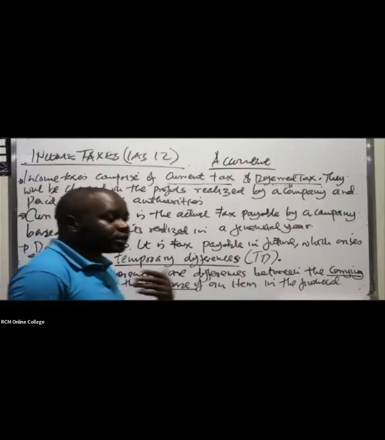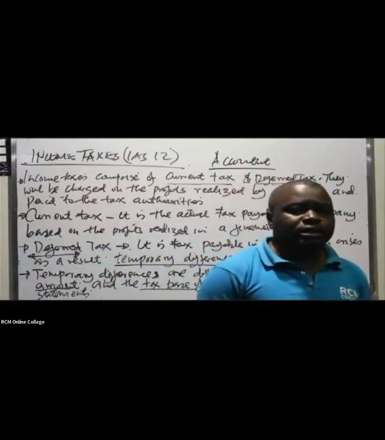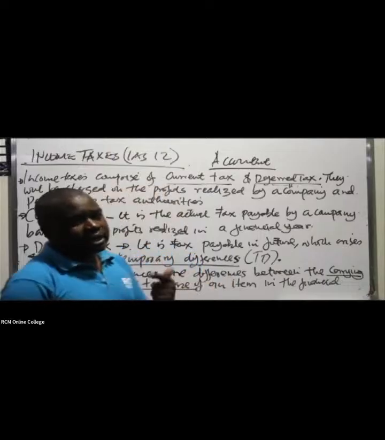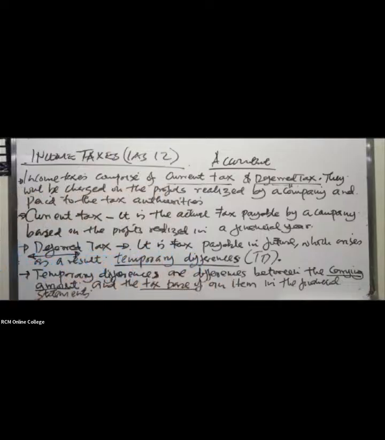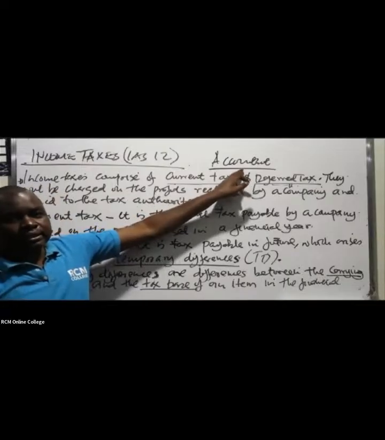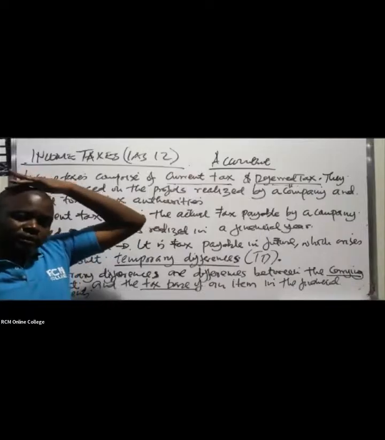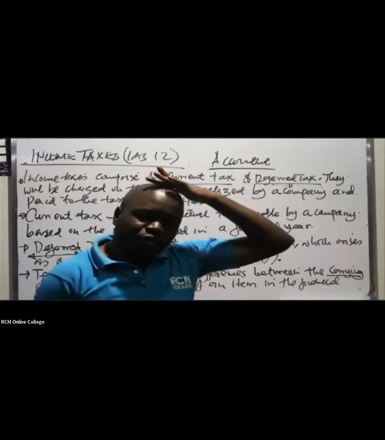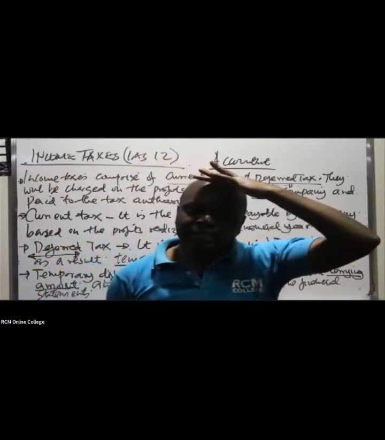So the carrying amount represents those amounts that the accountant has presented in his books of accounts. But when the government wants to tax you, they won't consider the accountant's profits. They'll adjust these profits. For them, they don't consider depreciation.